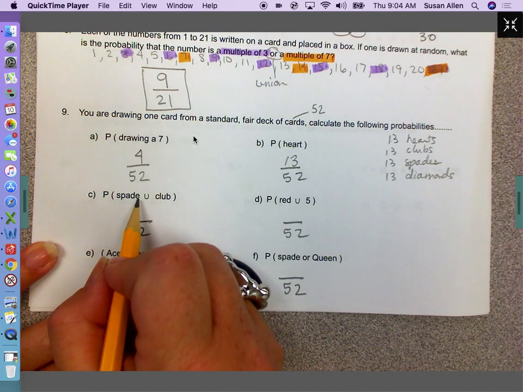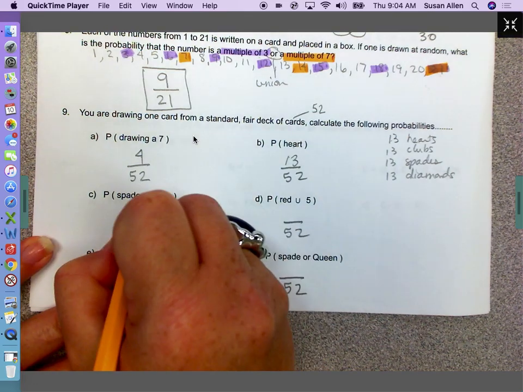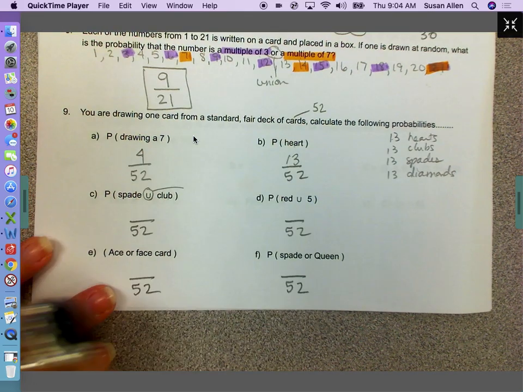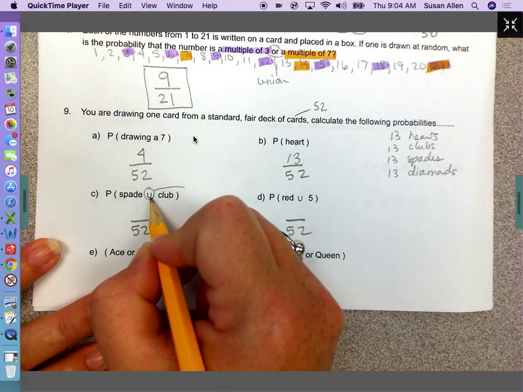Next, if I am asked the probability of drawing a spade or a club, this is what you need to consider. I'm picking one card, so it is one event, but you have to decide, is it mutually inclusive or mutually exclusive? Remember, events or outcomes that are mutually inclusive means they have more than one characteristic at the same time.